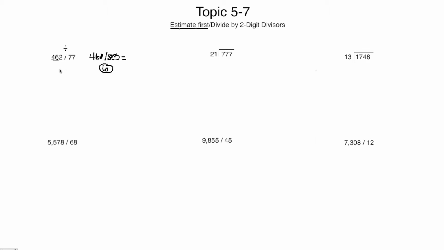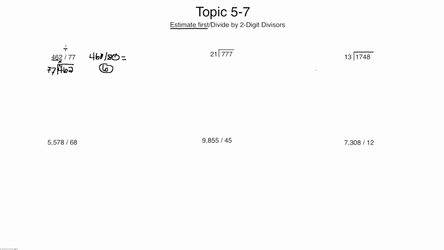So when it's written in this form, you have to make it look like long division form. So just write 462 divided by 77. So we ask ourselves, can 77 go into 4?